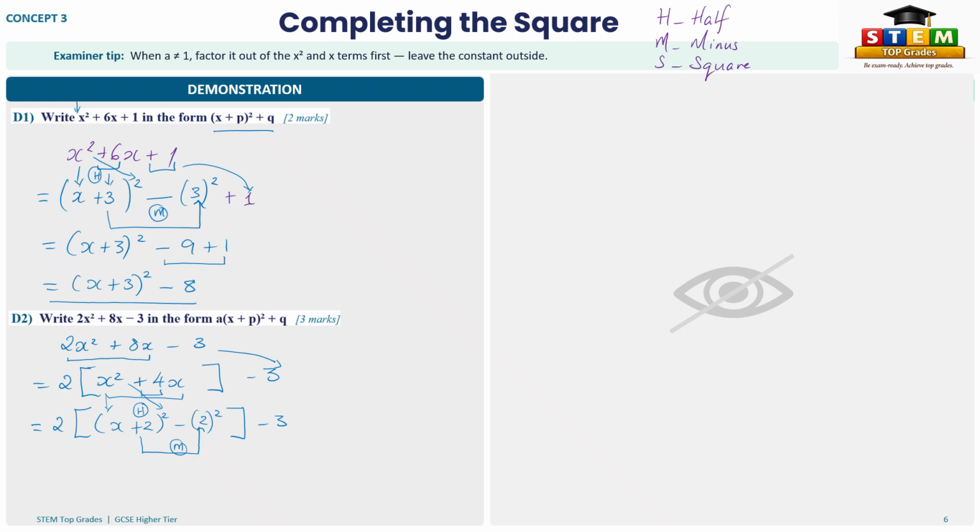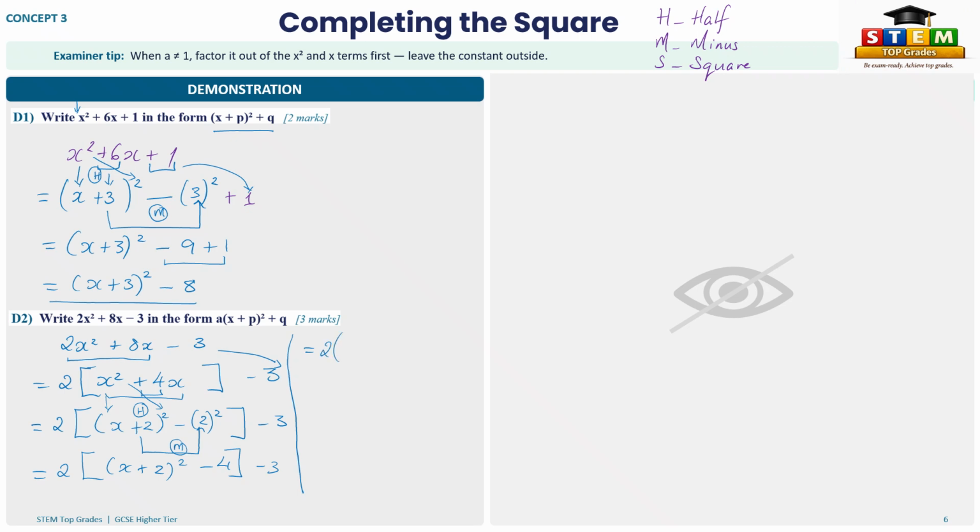Okay, let's go with the next level. So 2, and then inside the square bracket, what you see is x plus 2 squared, take away 4, and then take away 3.